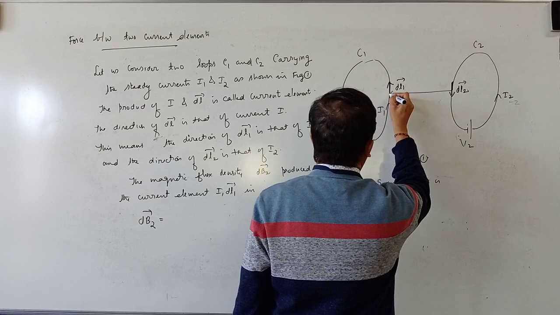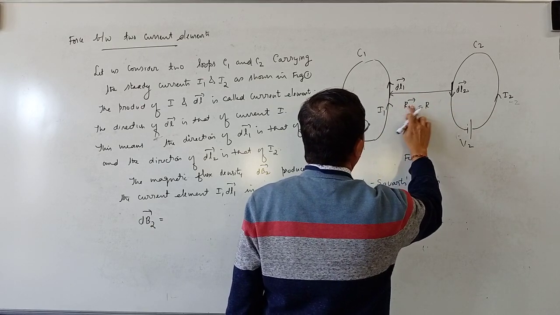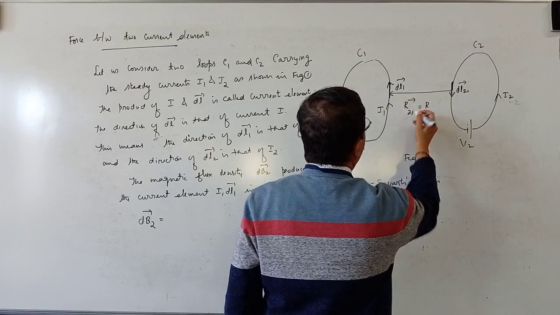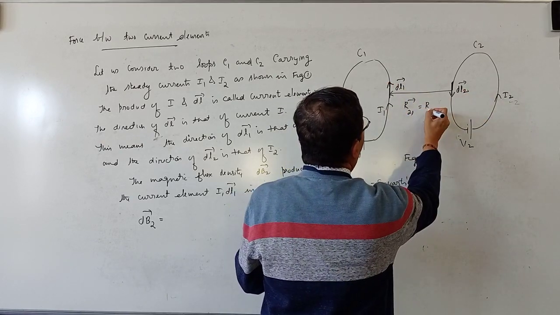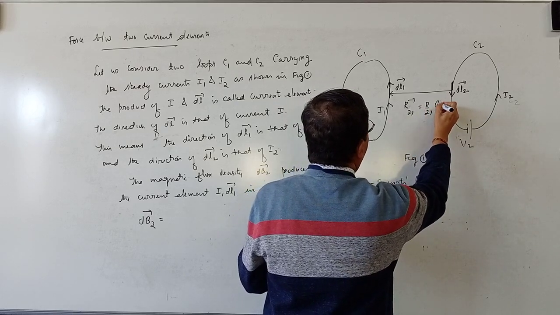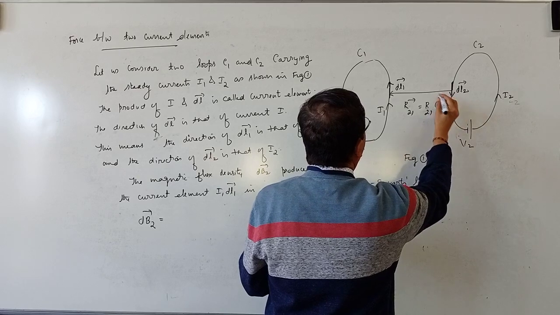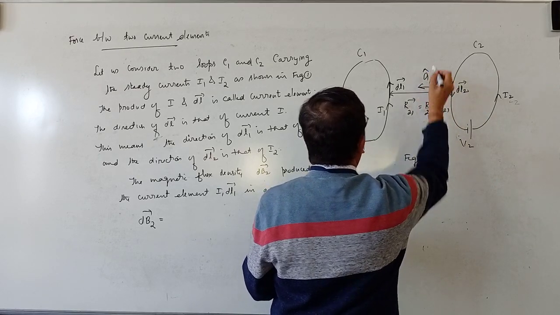Distance between dl1 and dl2 is treated as a vector r21 whose magnitude is r21. It is directed from this element to this element, whose vector r21 has got a magnitude equal to r21, direction equal to er21 cap. This is the unit vector er21 cap.